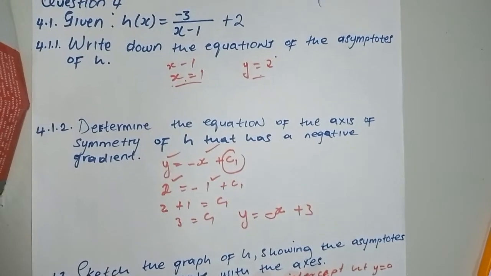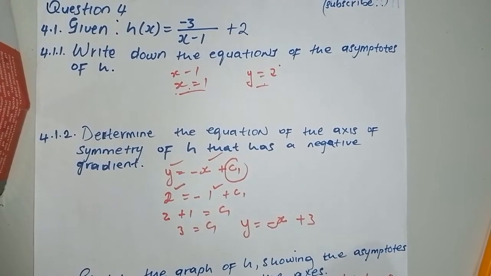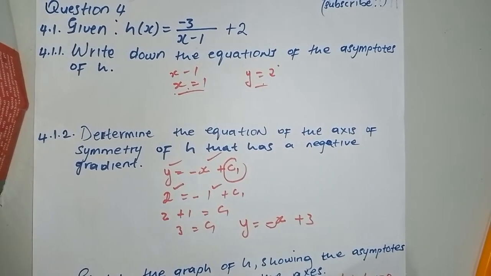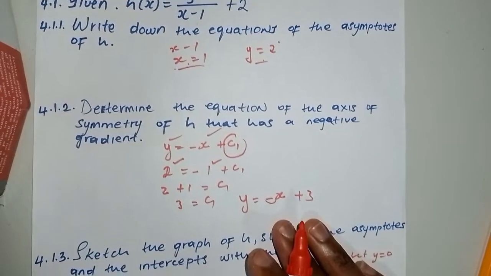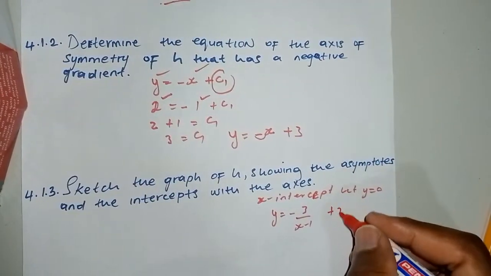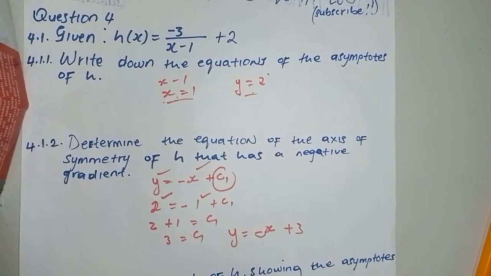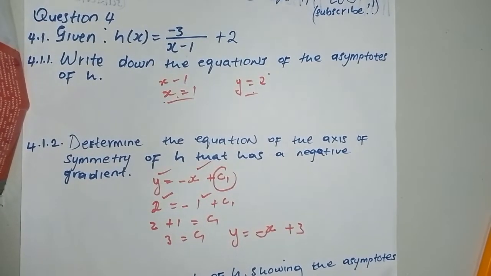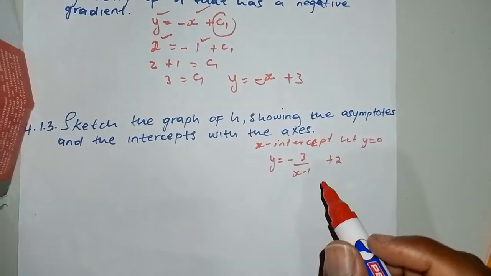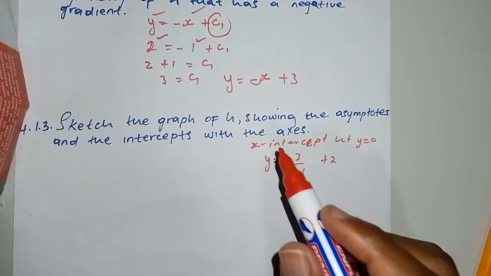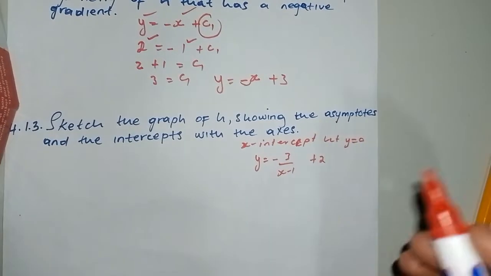Going back to my equation, I have y is equal to negative 3 over x minus 1 plus 2. When you need the x-intercept, let y be equal to 0.